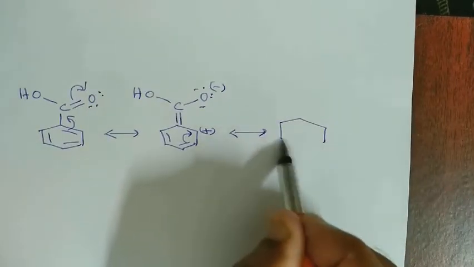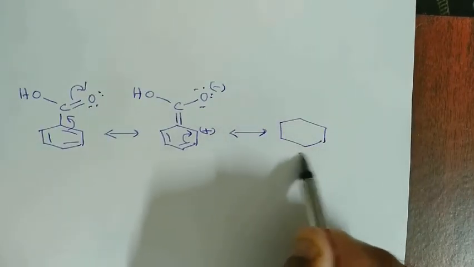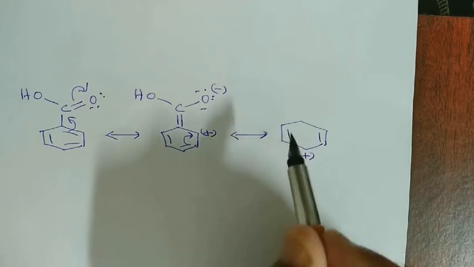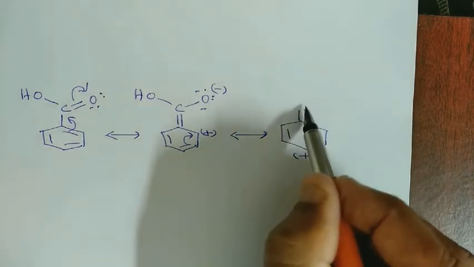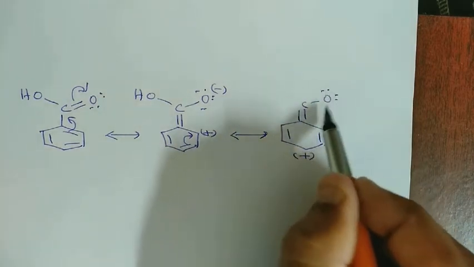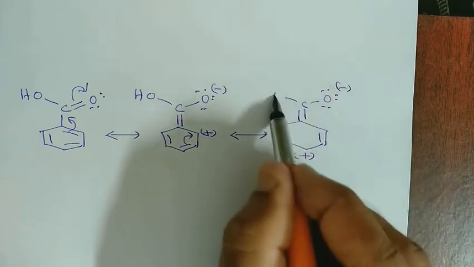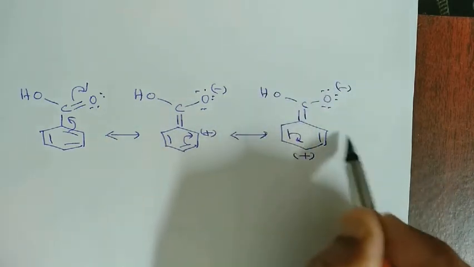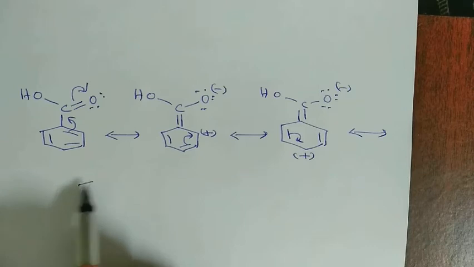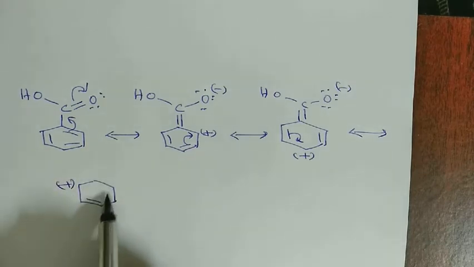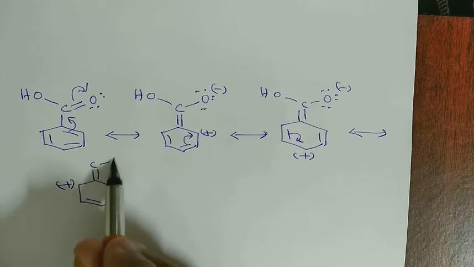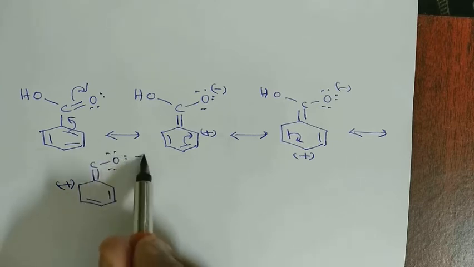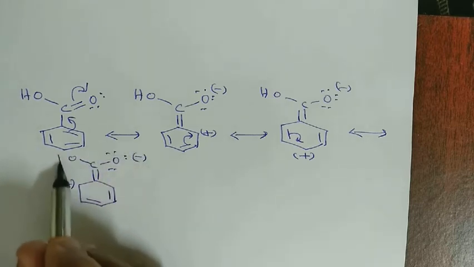These are the resonating structures of benzoic acid. So here the ortho and para carbon atoms carry a positive charge. That is, ortho and para carbon atoms are electron deficient.